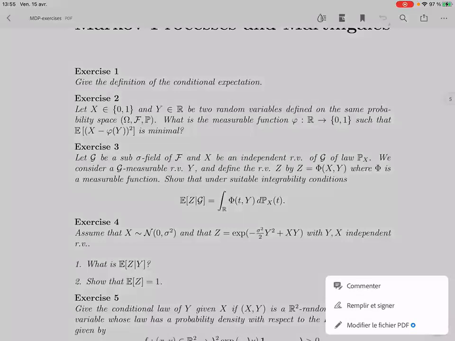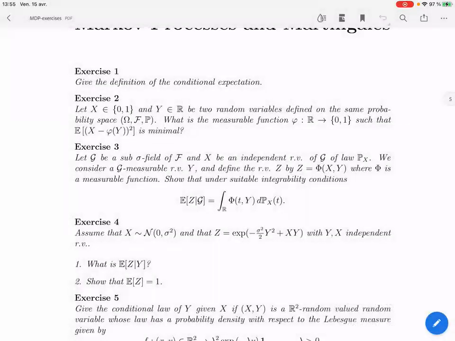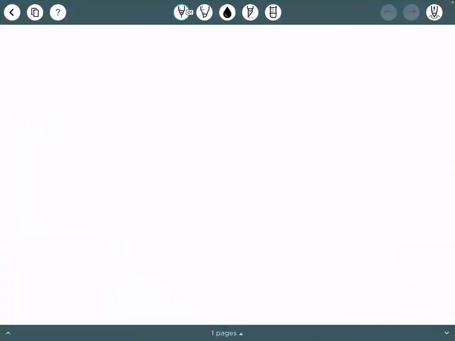Okay, so let us start. It is exercise 3. So what we have is that X is independent of the sigma field G, and Y is G measurable.